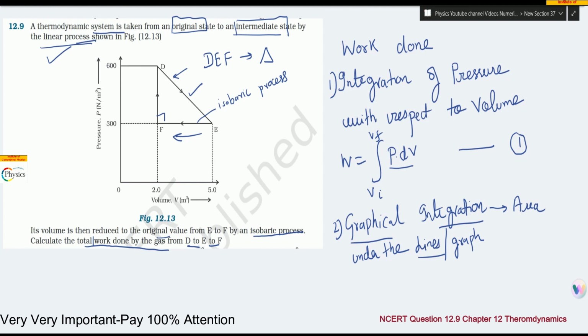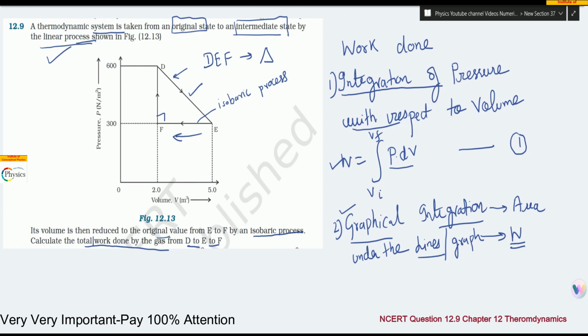So the first method is integration of pressure with respect to volume, which is the very standard way of solving, and the second is graphical integration. I hope this is making sense.